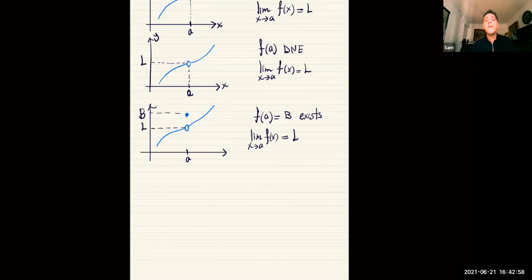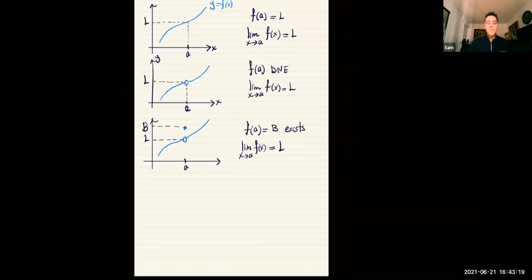This is what we call a piecewise function. For certain x values, we have a certain function, and then for this certain x value, we have a specific different value for the function. Again, this is a piecewise function, okay?